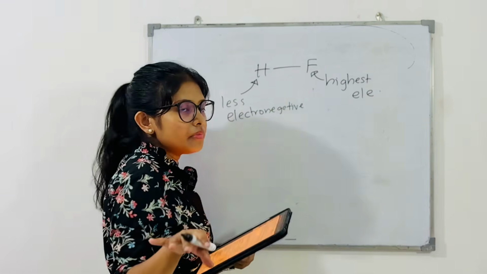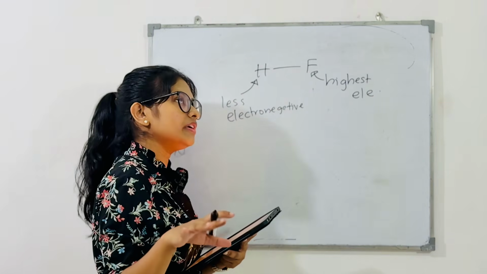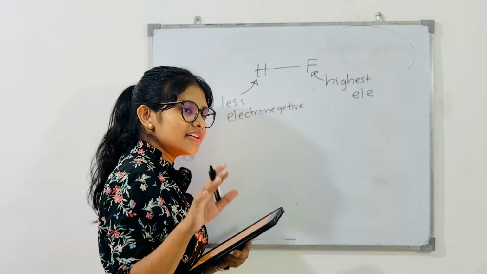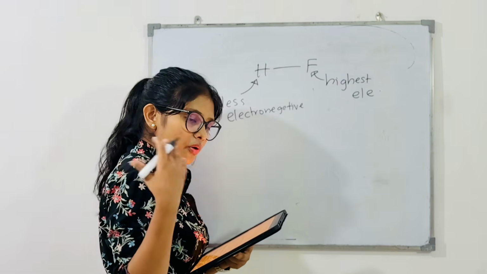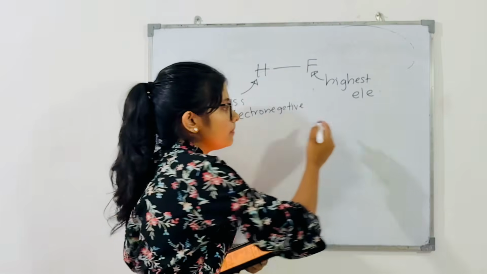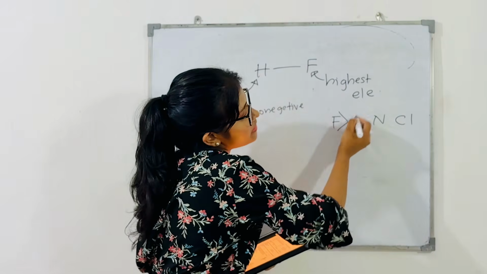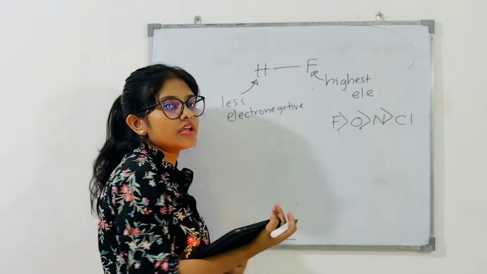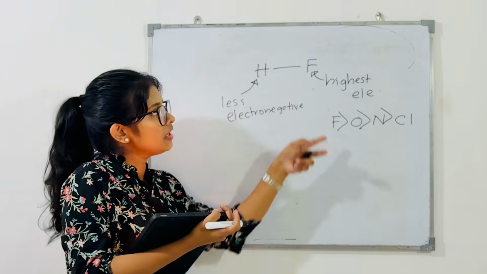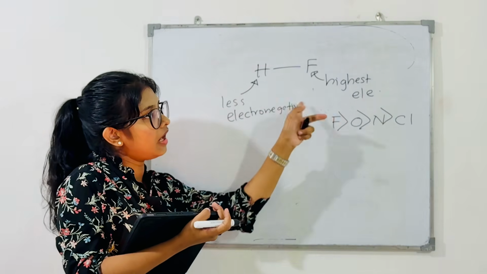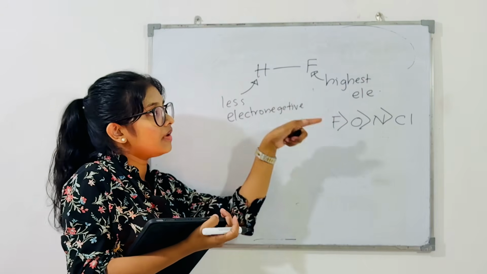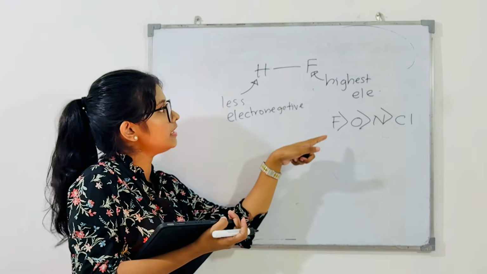I have been telling you this trick for a long time now, so I hope you can remember the four elements with the highest electronegativities in the periodic table. Fluorine is the highest.